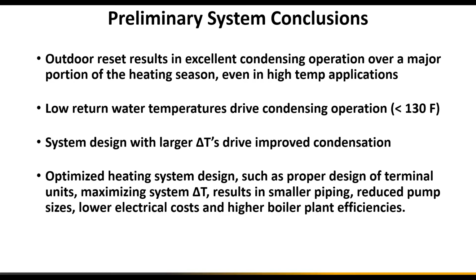Of course, the key critical aspect here is driving that return temperature down as low as possible. Using a larger delta T is a perfect way of accomplishing that. And by doing so, we can also reap the benefits of smaller piping, smaller pumps, reduced electrical cost, and overall driving boiler plant efficiencies up.